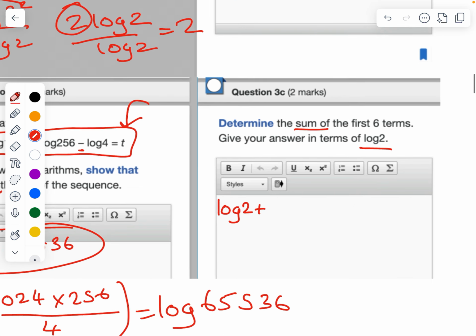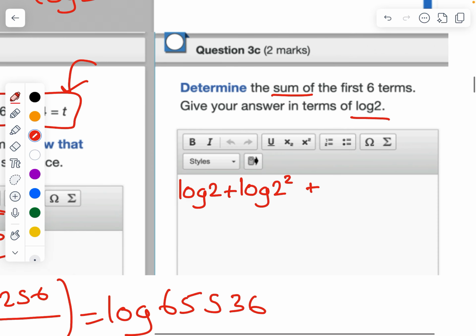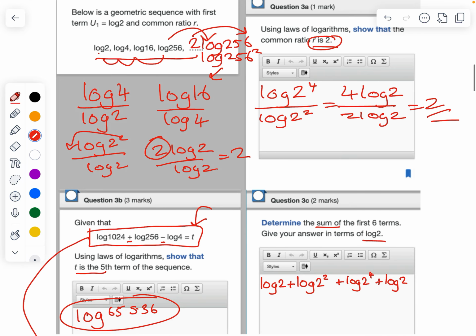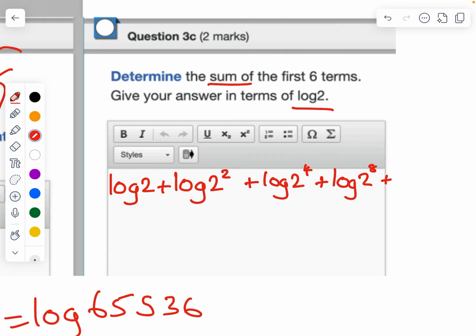I'm going to add, instead of writing log 4, log 2 squared. The next one was log 16, so that's going to be log 2 to the power of 4. The next one is log 256, so that is going to be log 2 to the power of 8. The one that we've just worked out is going to be log 2 to the power of 16.